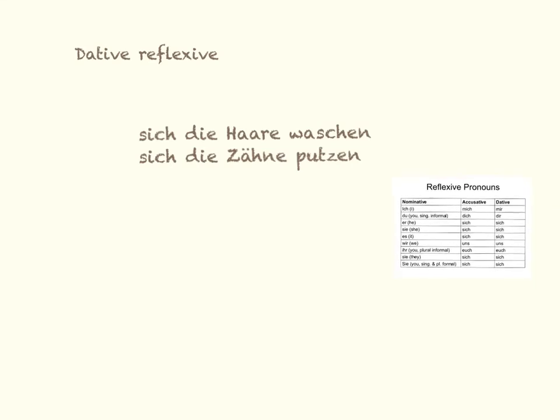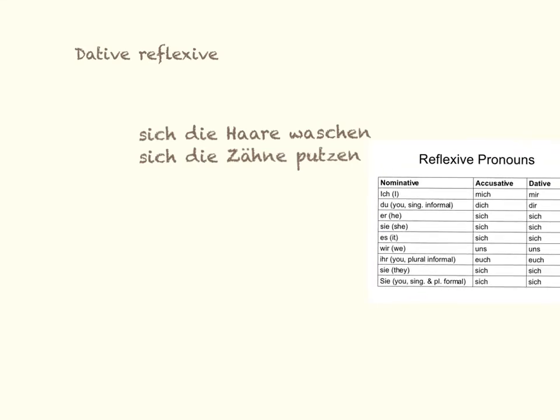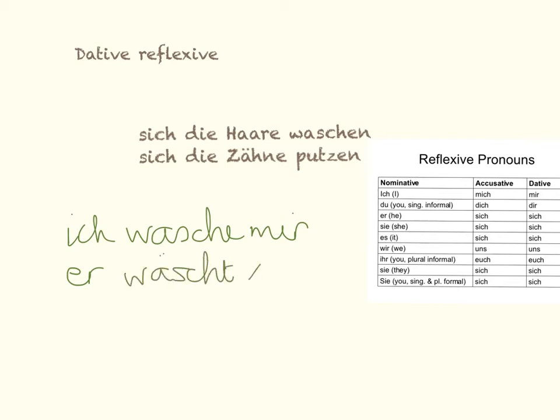In order to say, I wash my hair, you would have to say, ich wasche mir die Haare. He washes his hair. Well, we've already learnt that's a stem change verb. It's going to be er wäscht sich die Haare. There is no change on the sich, but of course there is a change here when you are using mir.